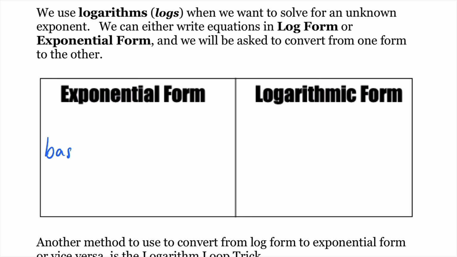We're used to seeing a base to an exponent power is equal to an answer. 2 to the third power equals 8. 4 to the negative 2 power. Remember, negative power means flip and then square, so that's why it's 1 over 16. We're used to seeing things like that.